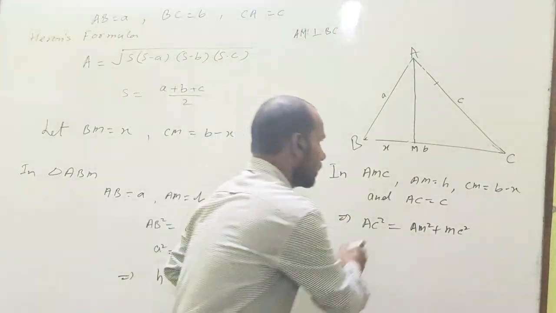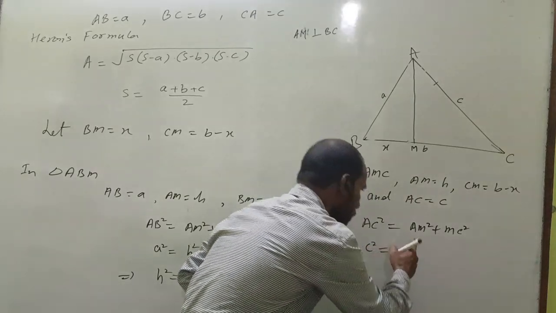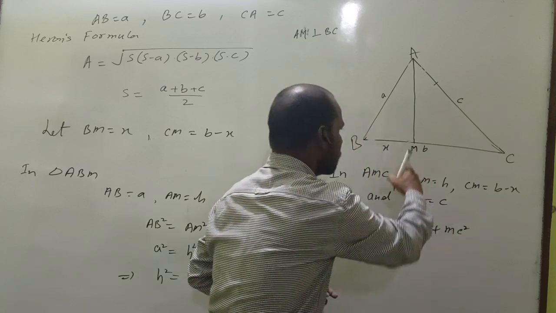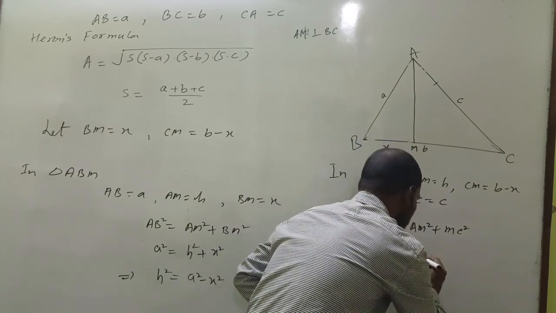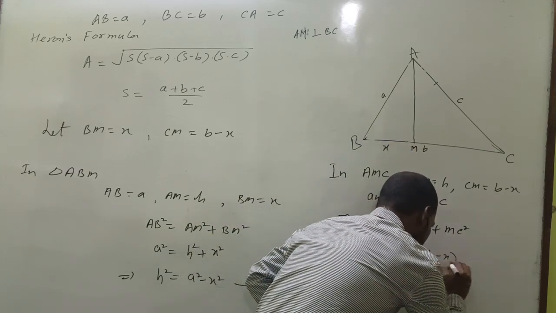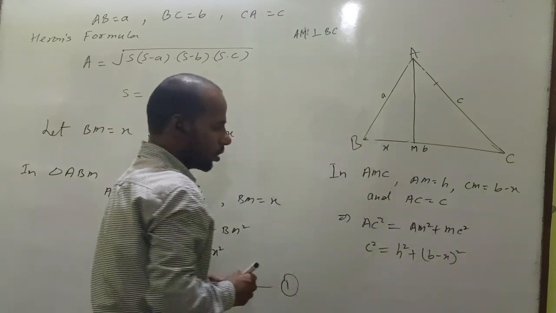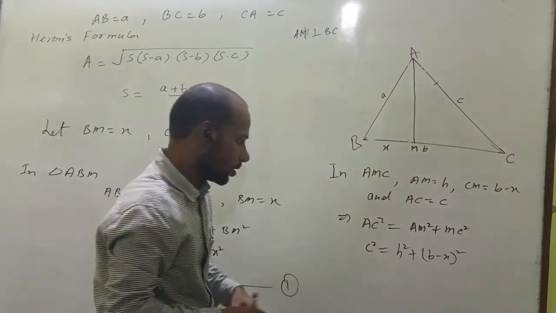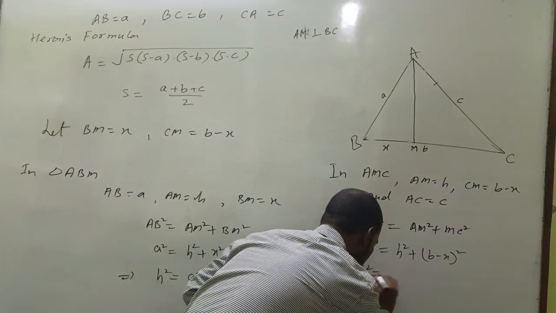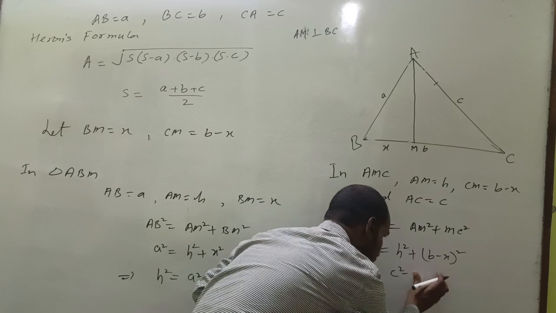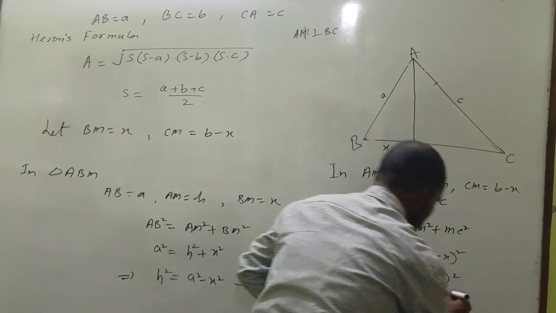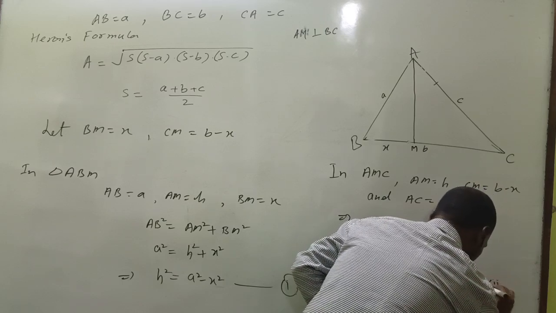We will see that AC means C square is equal to AM means H square plus MC means B minus X whole square. Now calculate the value of H square from here. So we have to send this term here. So it would become H square is equal to C square minus B minus X whole square. Let this be equation number 2.